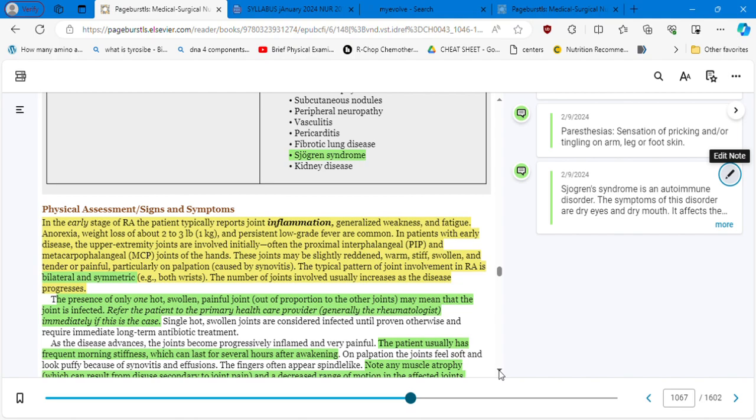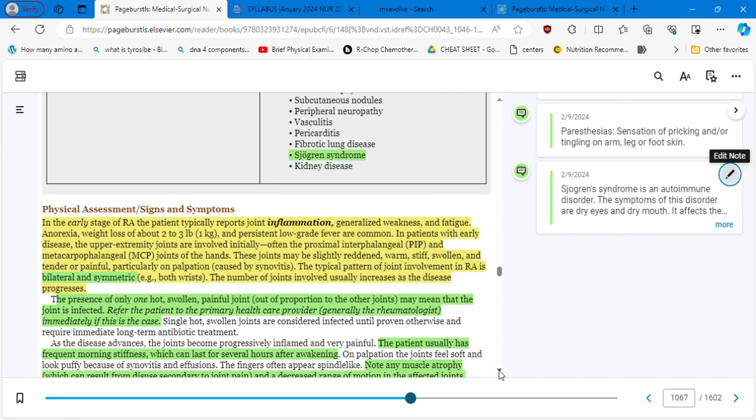In patients with early disease, the upper extremity joints are involved initially, right? Meaning the wrists. Often the proximal interphalangeal and metacarpophalangeal joints of the hands.